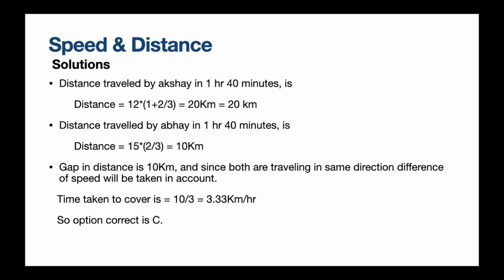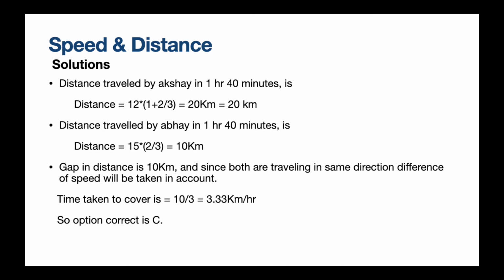Now, the distance traveled by Akshay in 1 hour 40 minutes is 12 into 1 plus 2 by 3, 2 by 3 because I have converted the minutes into hours, that is 40 divided by 60, which comes to 2 by 3. Now, that distance comes to 20 kilometers.